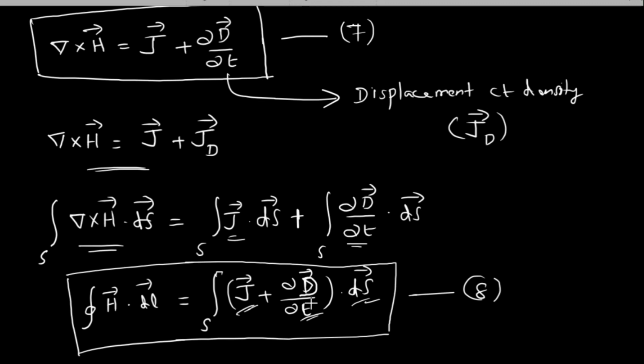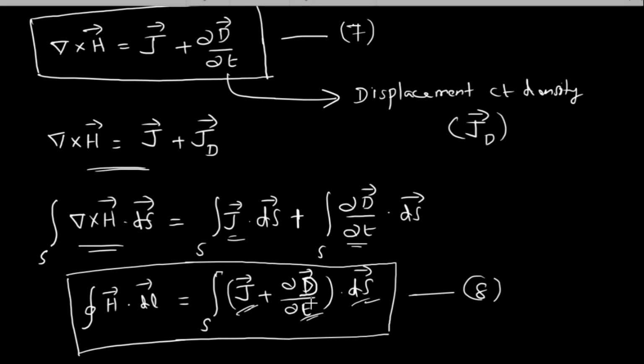I'll repeat: the Maxwell equation from Ampere's circuital law in integral form states that the magnetomotive force around a closed path is equal to the surface integral of conduction current density and displacement current density over the entire surface bounded by the same closed path.